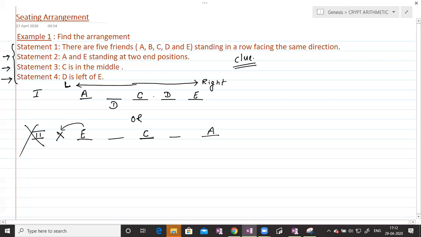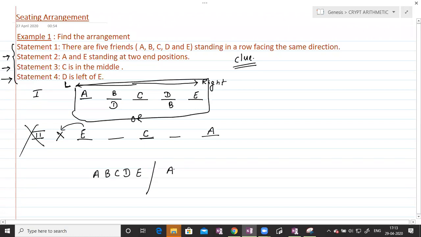So if D is here, B can be here. So we will get two possibilities altogether. The first possibility is A, B, C, D, E. What is the other possibility? A, D, C, B, E. I hope that makes sense, everybody, right?